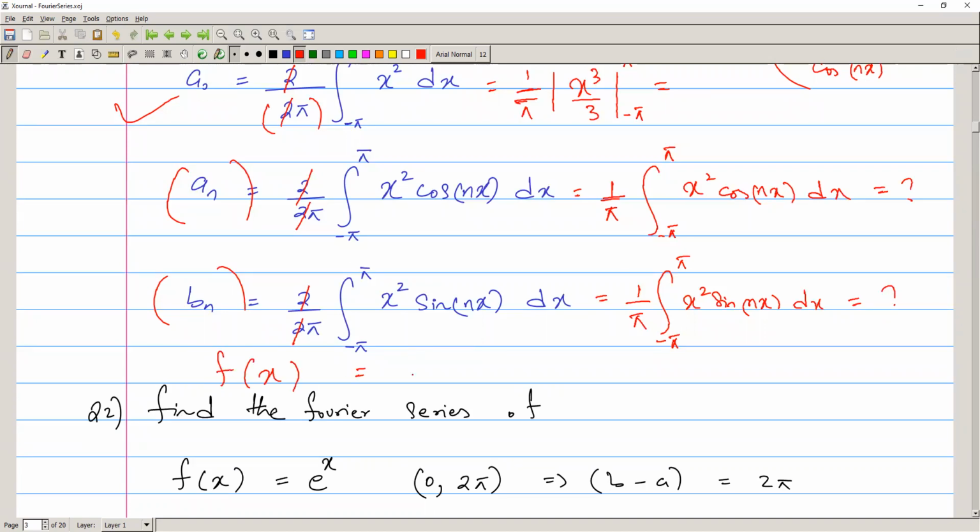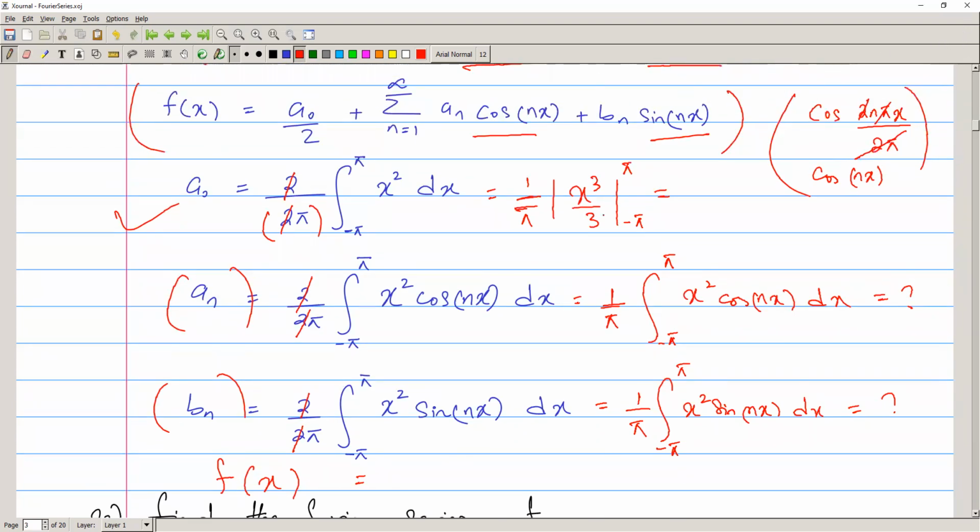f of x is equal to a naught. For example, in this case, if we want to find a naught, it will be pi cubed over 3 plus pi cubed over 3, so it will be equal to 2 pi squared over 3, if I'm not wrong.